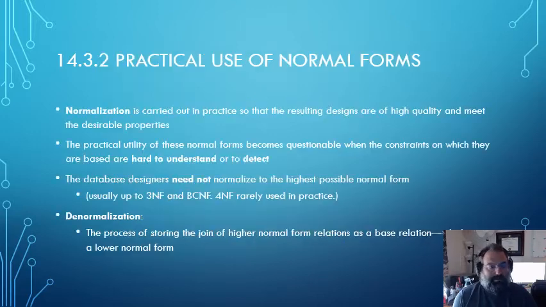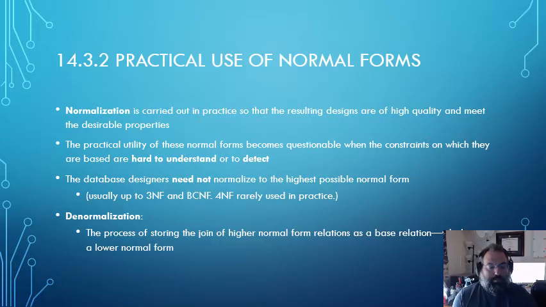See chapter 15. Normalization is carried out in practice so that the resulting designs are of high quality and meet the desirable properties. The practical utility of these normal forms becomes questionable when the constraints on which they are based are hard to understand or to detect. Database designers need not normalize to the highest possible normal form.